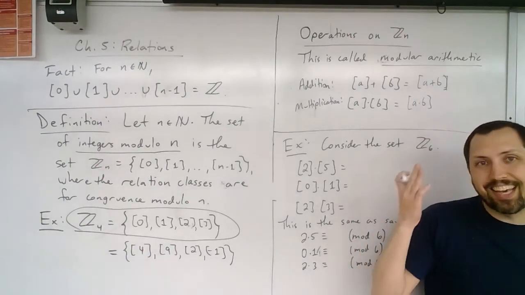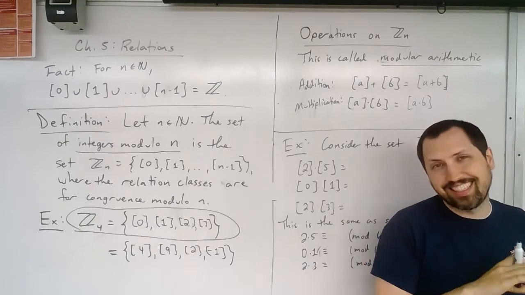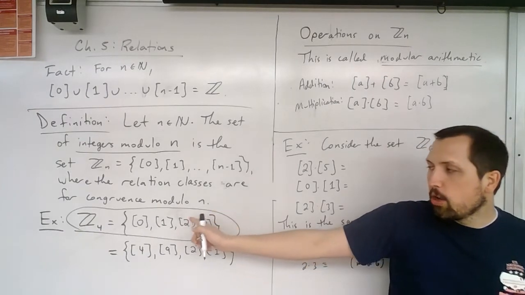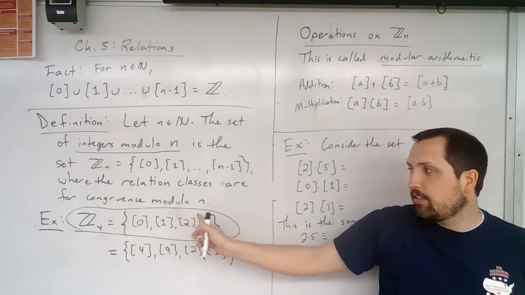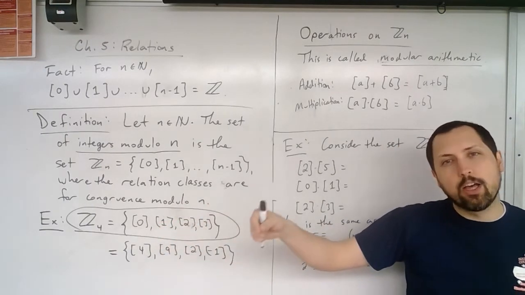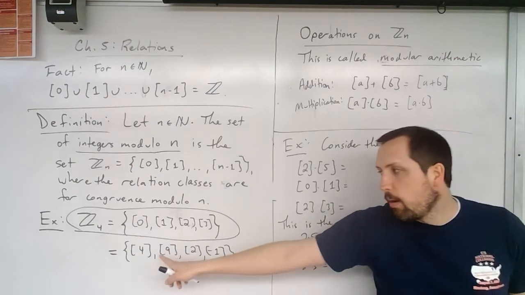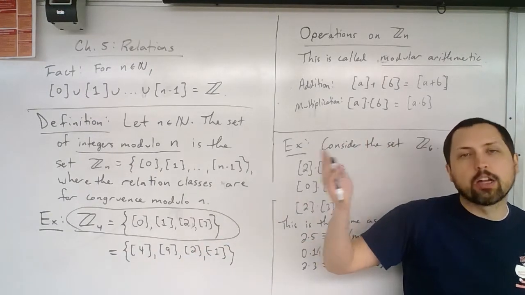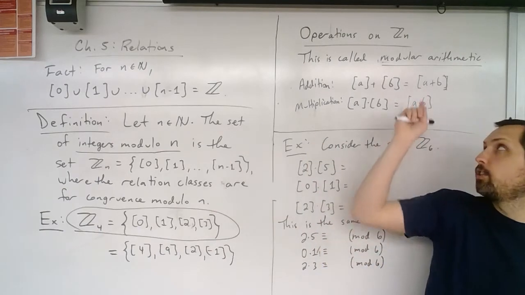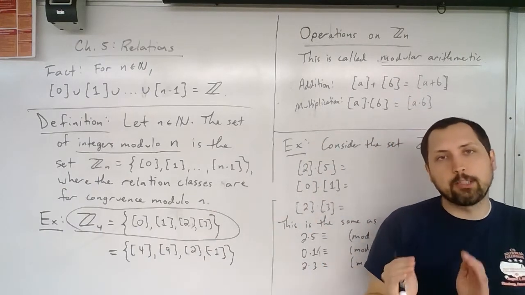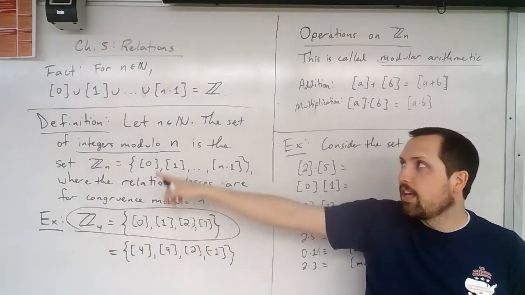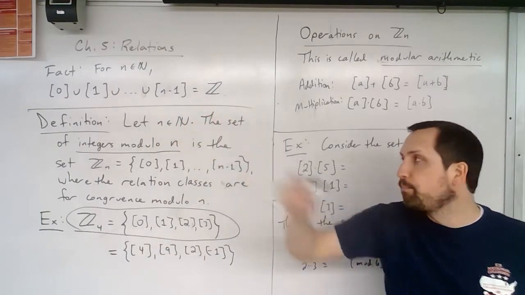So basically, addition and multiplication are defined exactly the way that you would want them to, but with our relation classes, remember, we're just going to be talking about these numbers. We don't really want to work with the ones that are outside of the range of 0 to n minus 1. So our goal is, after we do addition and multiplication, to break that down into one of these sets from 0 to n minus 1.